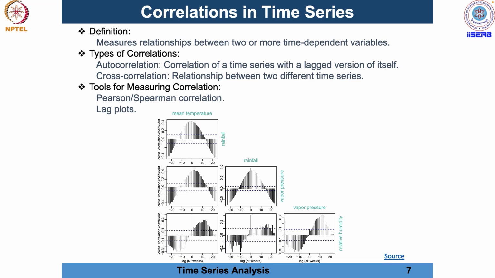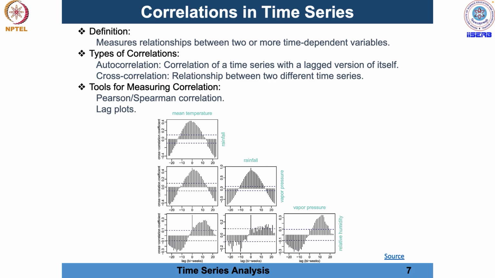These are lag plots, where you take a single variable and create lagged versions of the time series, t minus 1, t minus 2, t minus 3, up to t minus n, and you get the autocorrelation or cross-correlation coefficient between different properties. This is how you can correlate rainfall and mean temperature, rainfall and vapor pressure, and vapor pressure with relative humidity, and then find out at which lag or for which variable you are getting the highest correlation within the dataset.